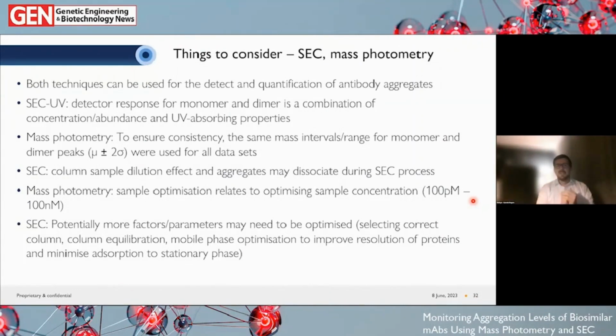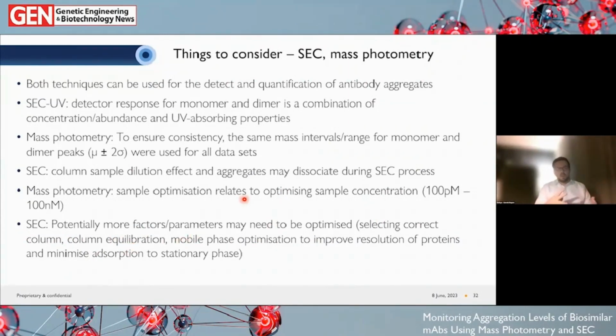So as I said, at several points during this presentation, there are always pros and cons to each analytical tool, but nevertheless, the information that you derive is complementary and gives you a more broad, comprehensive, in-depth insight. For SEC, there are more factors to consider for optimization.